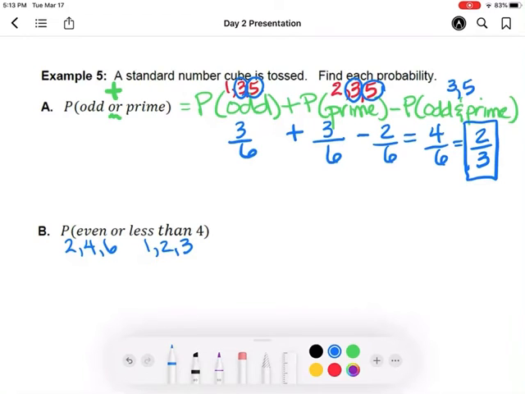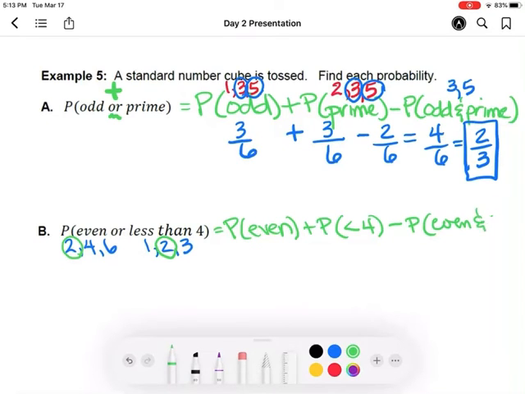Are these events mutually exclusive? I hope you would say no, because they can happen at the same time. We can see here that the 2 is going to happen at the same time. So we have the probability of being even plus the probability of being less than 4 minus the probability that you are even and less than 4.